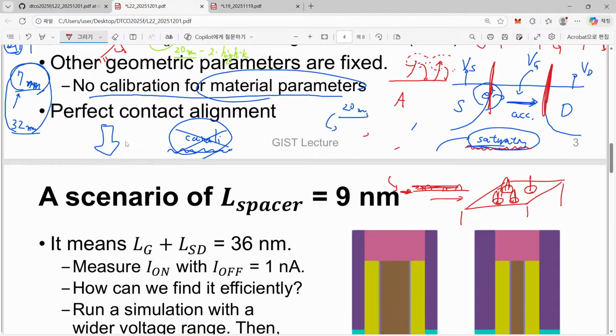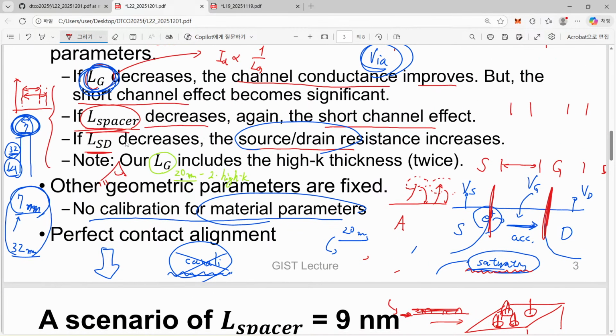Simply speaking, it is quite similar to this. There is a certain saturation velocity. If the electron velocity exceeds this level, then suddenly it becomes very likely to scatter this electron and bring it back to the lower velocity regime.